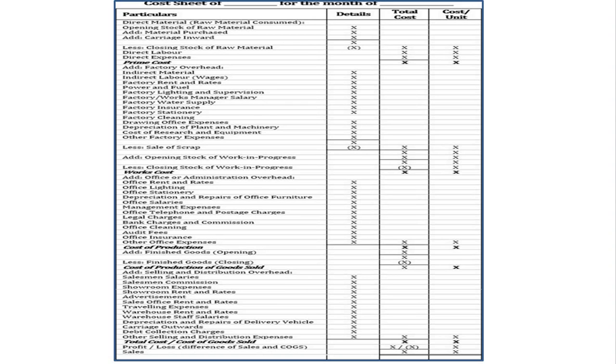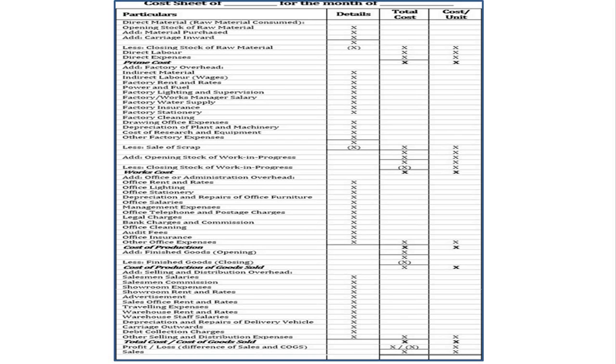If any of the expenses has a sale of scrap mentioned, you are supposed to subtract that from the given item. Say for example, there is an item called loose tool as well as scrap of loose tool given in the question. The first thing you have to do is write the amount of loose tool, and from that you subtract the scrap of loose tool.